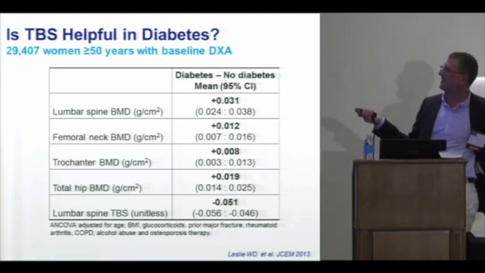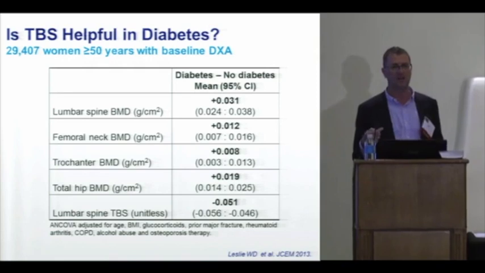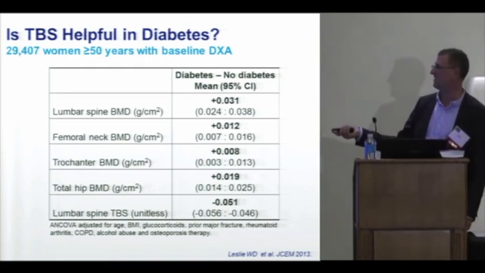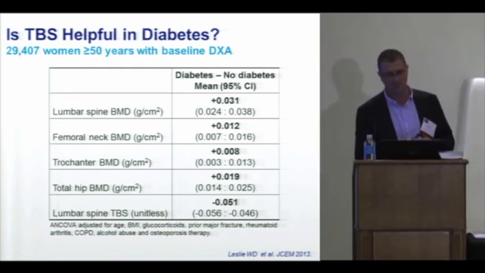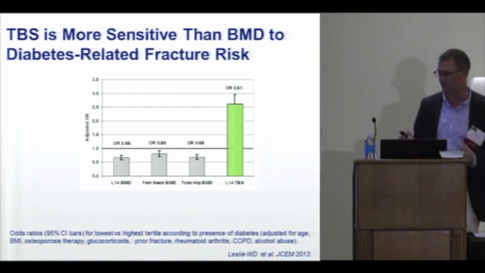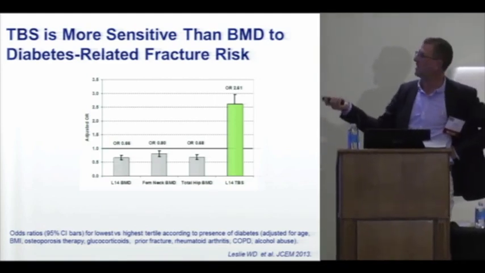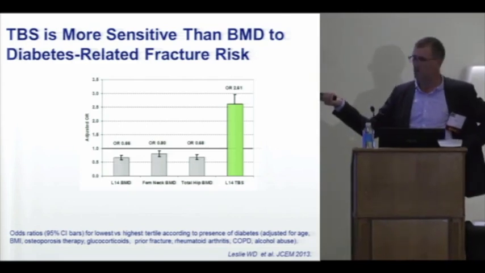And what we were seeing in those patients, diabetic versus non-diabetic, is an increase in all BMD parameters, while we had a significant decrease in TBS parameters. In terms of odds ratio between patients with a disease versus non-disease, there was some kind of protective effect of the density, whereas the structure was associated with a risk factor.